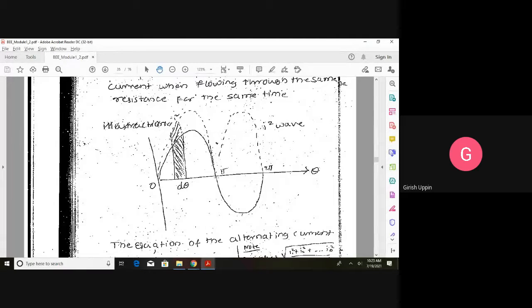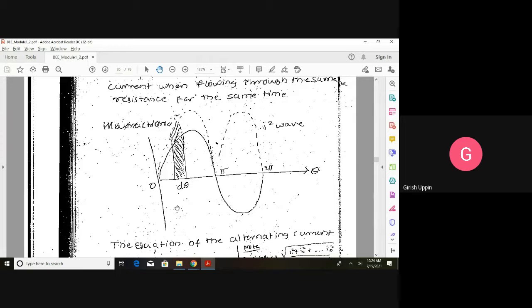Now the advantage with this is that we don't have a negative cycle, because minus 1 square is 1, minus 2 square is 4, minus 3 square is 9, minus Im square is Im square. So the squared wave has a positive cycle only. Similar to what we did for the average value, to find the RMS value we take the area of the squared waveform divided by the time period, and the whole thing square root.